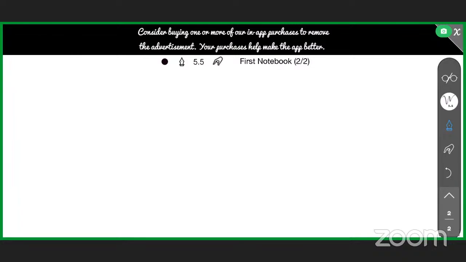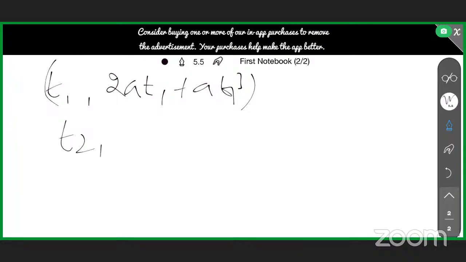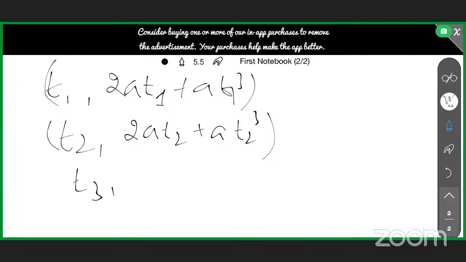The points (T1, 2A T1 + A T1 cube), (T2, 2A T2 + A T2 cube), and (T3, 2A T3 + A T3 cube) are collinear.